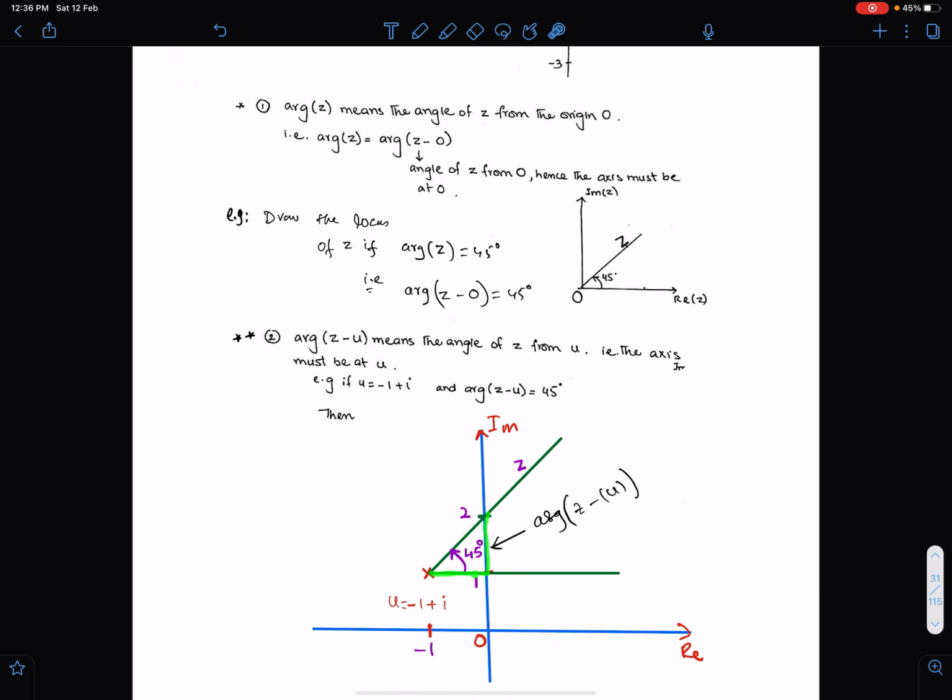You are going 1 unit right, so you have to go 1 unit up. And you have to mention this intercept clearly and correctly, that this is 2. This line cuts the imaginary axis at 2. And this angle means argument z minus u, means argument of z from u is 45. And minus sign is the standard sign.